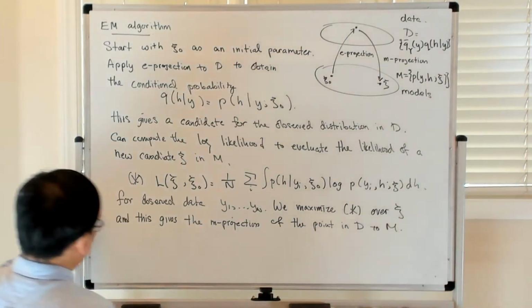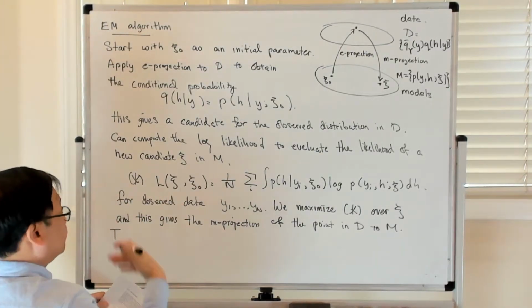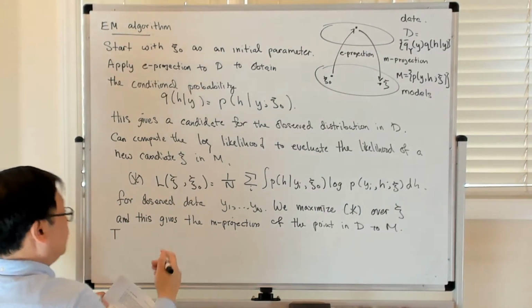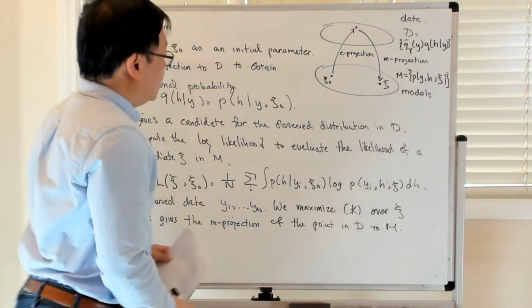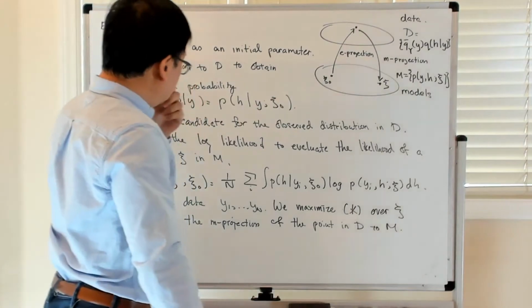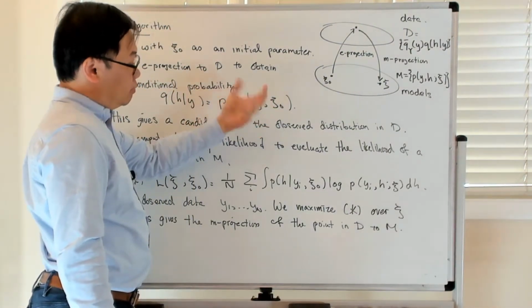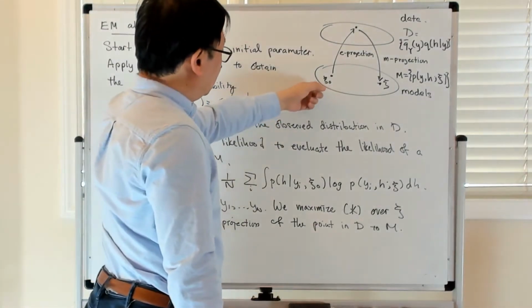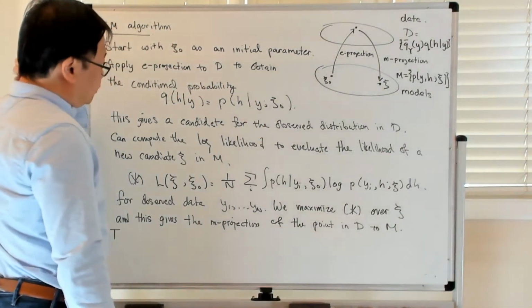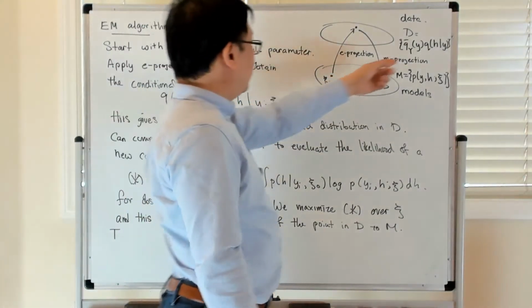All right. So that's basically one cycle of this EM algorithm. So in principle, given something in the model space, I can compute a conditional probability, and from that I know what this Q of H conditioned on Y is.